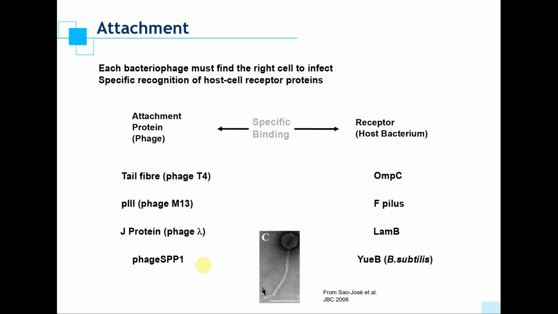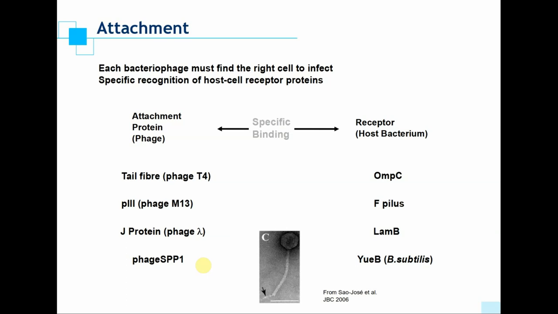So M13 actually has the ability, after phage binding, to induce the retraction of the F pilus. As this pilus is re-internalized into the cell, it brings the phage in as well. So that's a pretty clever way to get inside the cell.